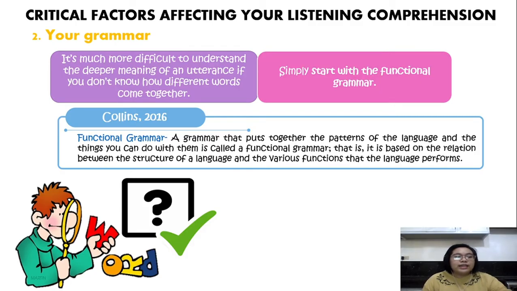So basically, it is the relationship between the structure of language and functions of the language usage. It talks about the patterns, the form, or the structure of a language and how you will use it in various contexts. Hence, grammar is essential because it makes it possible for us to talk about language and understand what makes the utterances clear for our listening comprehension skills.